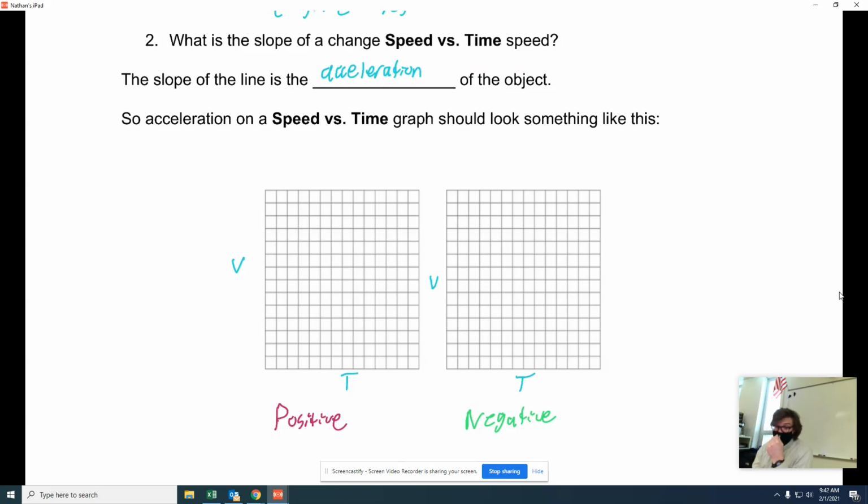If we have positive acceleration, that means that we are speeding up over time. So if my speed is increasing, then that just means I'm going to have a positive slope.